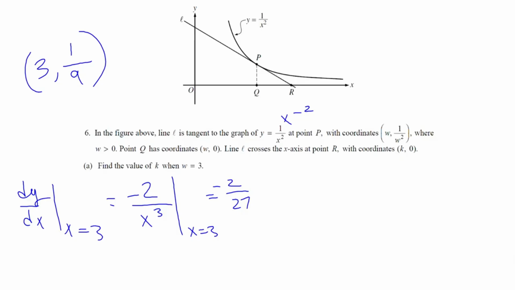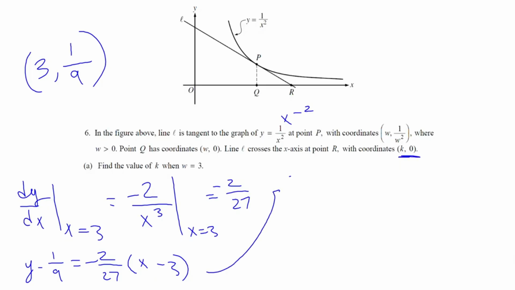So the equation of the tangent line there is just y minus our y value of 1/9 equals our slope times x minus our 3 value. And we want to find what k is when this crosses through the x-axis, so at the point k comma 0. So we'll put in 0 for y. We get -1/9, and we'll put in k for x, -2/27 times k minus 3.